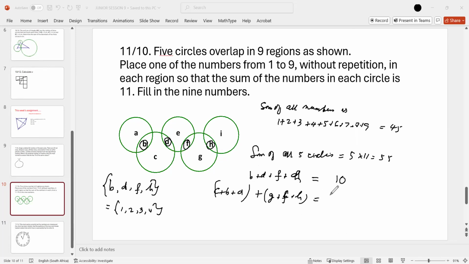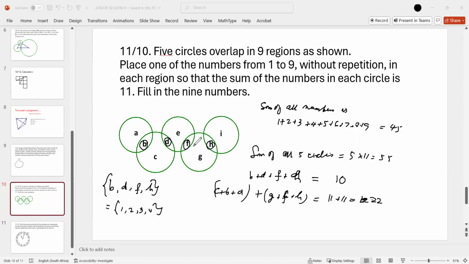You're going to get 11 plus 11 because they don't cut, which is 22. So these 2 circles, you got 11 there and you got 11 there, they add up to 22.